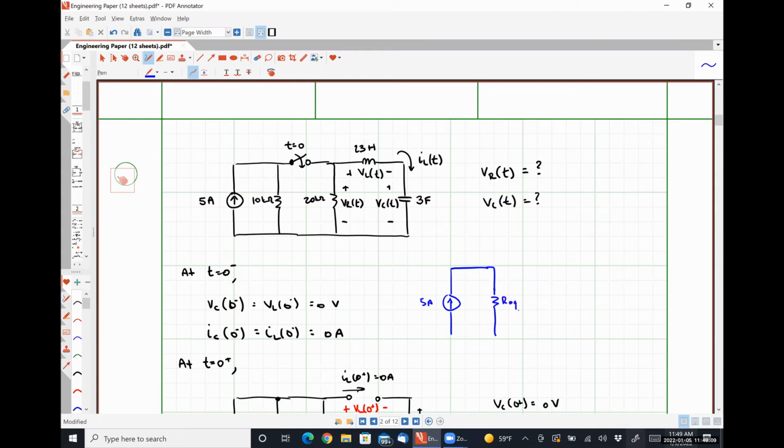I'm just going to call this guy REQ. 23 Henrys, 3 farads. And so this is my current IL of T, which is the same as IC of T.